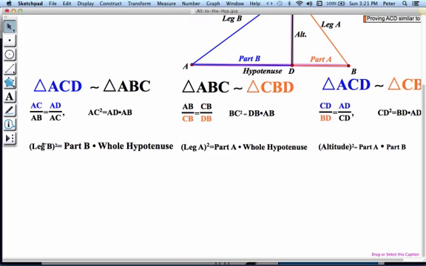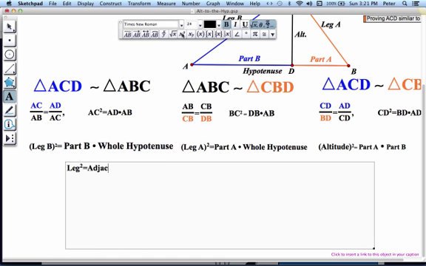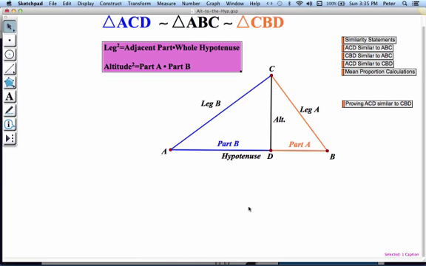I'd like you to memorize, make sure these are in your notes, that the leg squared equals the adjacent part times the whole thing. And that's what it boils down to. As a result of these similar triangles, we know that the leg of the large triangle squared equals the part right next to it times the whole hypotenuse.